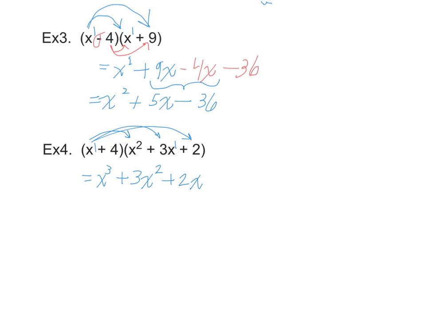Still not done. This 4 now needs to be distributed to all 3 parts. I'll have 4x squared plus 4 times 3x to the first, or 12x, plus the 4 times the 2, or 8.